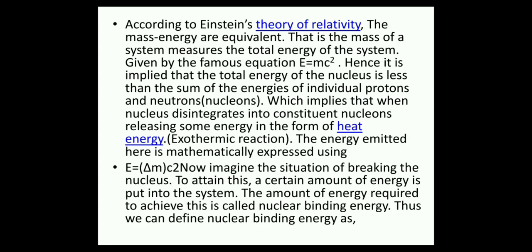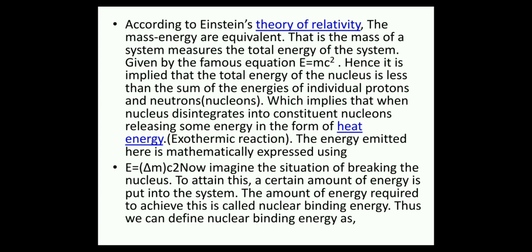According to Einstein's theory of relativity, mass and energy are equivalent. That is, the mass of a system measures the total energy of the system, given by the famous equation E equals mc square.